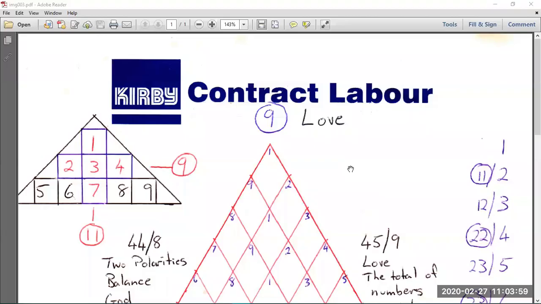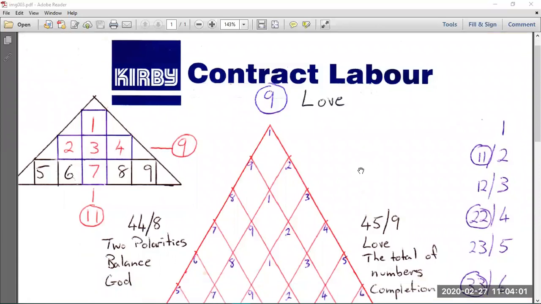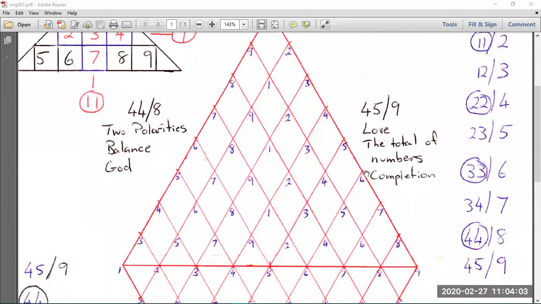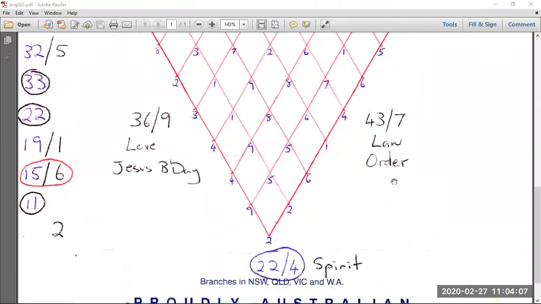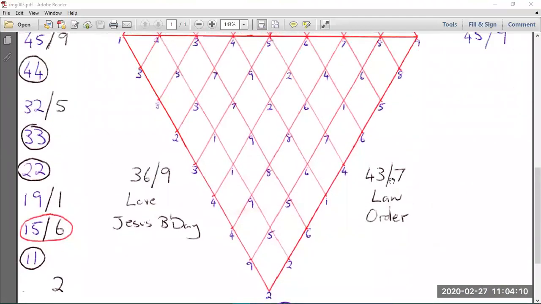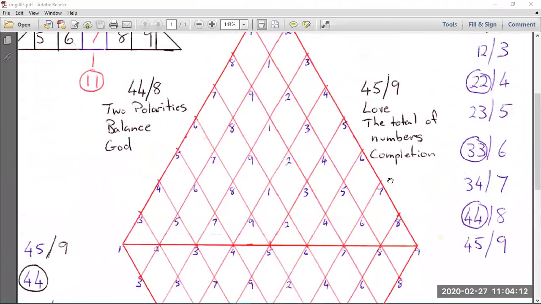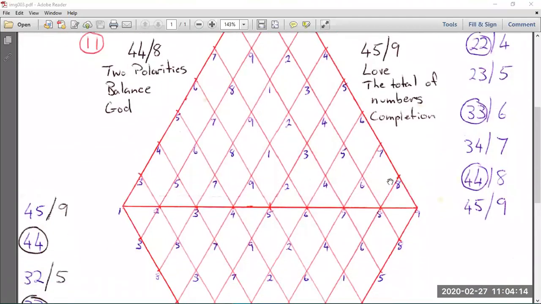So here we go. I'll put it up, and here we go. This is it here. Now you can see here 2 triangles, and basically how this is calculated is numbers 1 through to 9 on the baseline here.